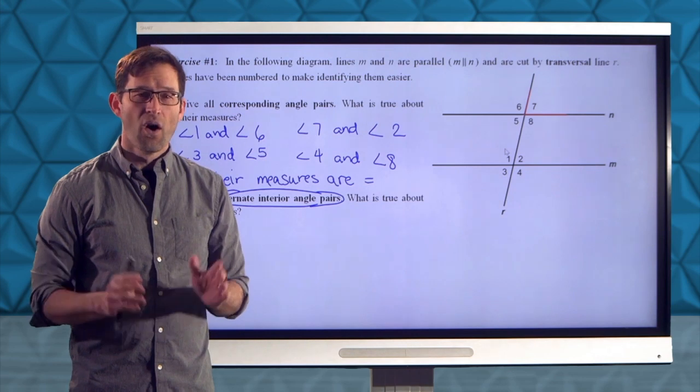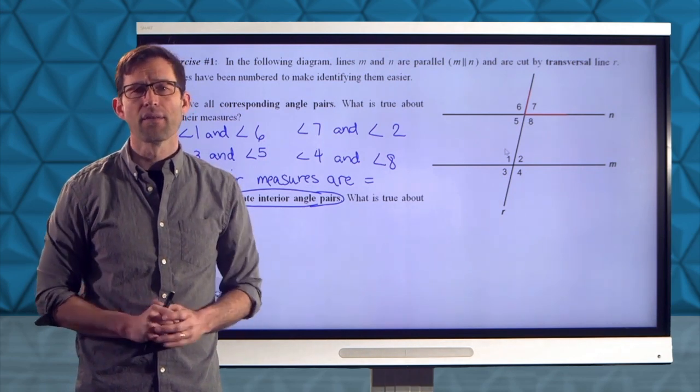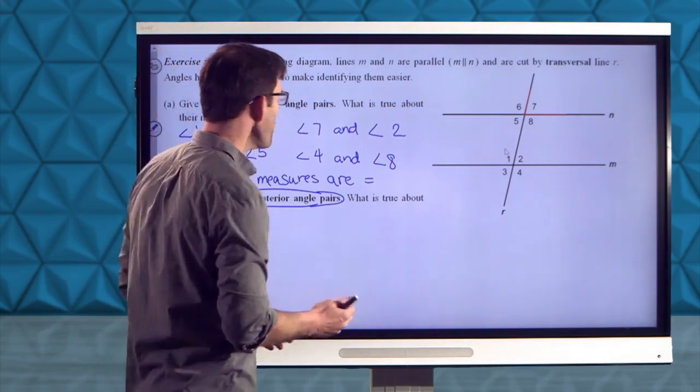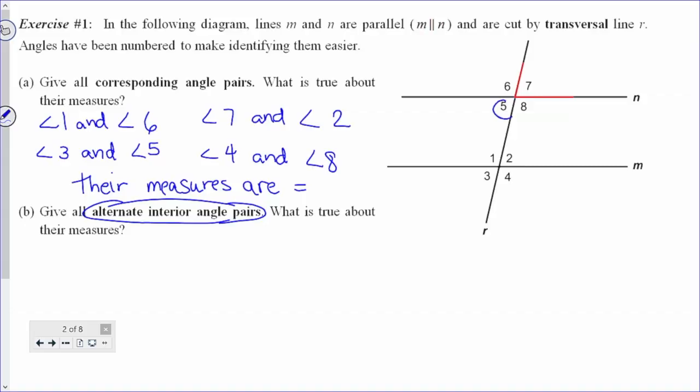All right, let's take a look. Alternate interior angles, undoubtedly the most important of pairs of angles created by parallel lines. One pair is 5 and 2. Okay, so angle 5 and angle 2, right? And the other pair is 1 and 8. Angle 1 and angle 8.